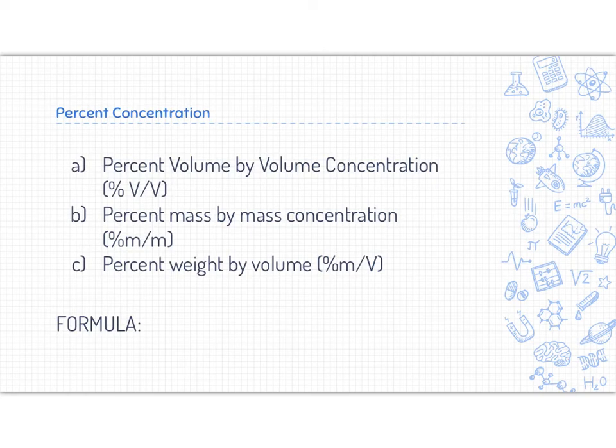Percent concentration is the last one. There's a percent by volume, or sometimes we say percent by volume. Doesn't matter. It's obviously a volume over a volume. Percent mass, or percent mass by mass, is mass over mass. And percent weight by volume, or mass by volume, is mass over volume.